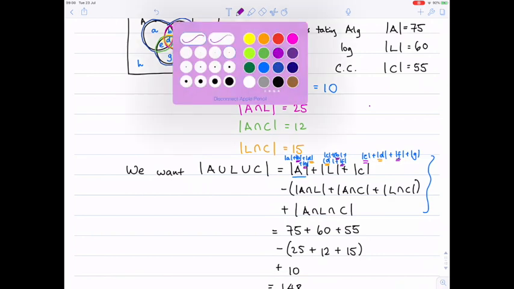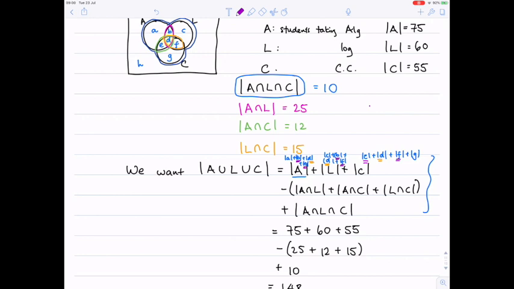And that's why we work over here. A intersection L is going to subtract off b and d, and A intersection C is going to subtract off the size of e and the size of d, and L intersection C is going to subtract off d and f.